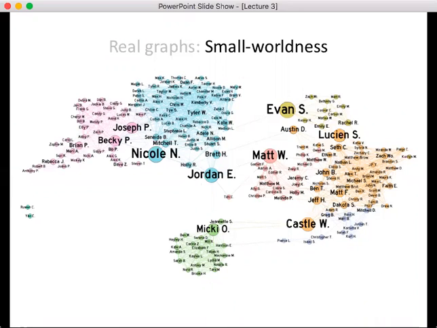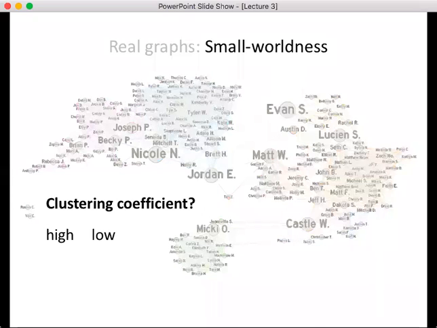What can we say about this graph in terms of clustering coefficient? You probably remember that the clustering coefficient of a random graph is low, right? Now, how is the clustering coefficient of this social graph, in your opinion?